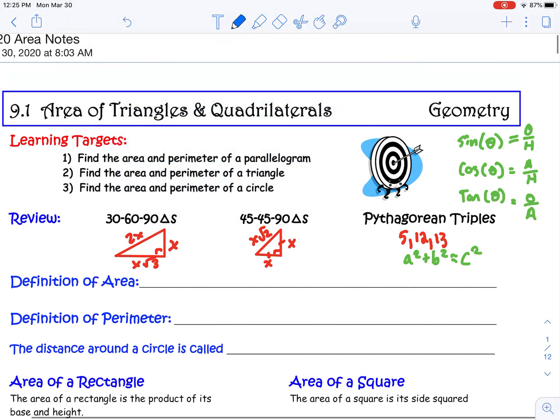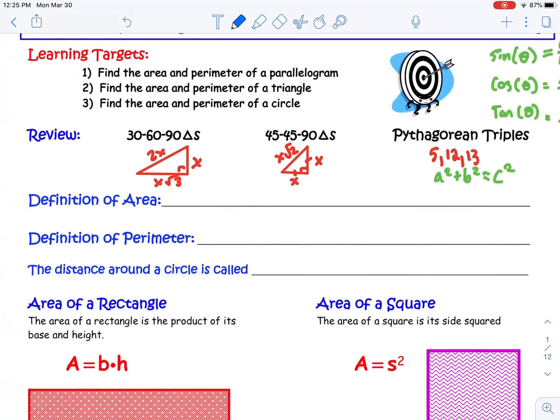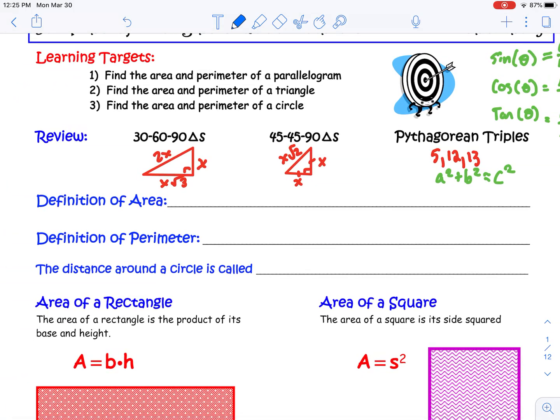Before we jump into actual problems using these tools and actually looking at some areas, we probably want to make sure our definitions are very clear. A reminder that while you can probably think of area in your mind, a helpful thing to know is also how to describe it. Area is the 2-dimensional space enclosed by a figure.